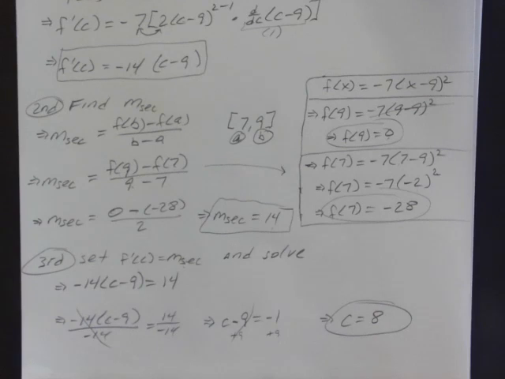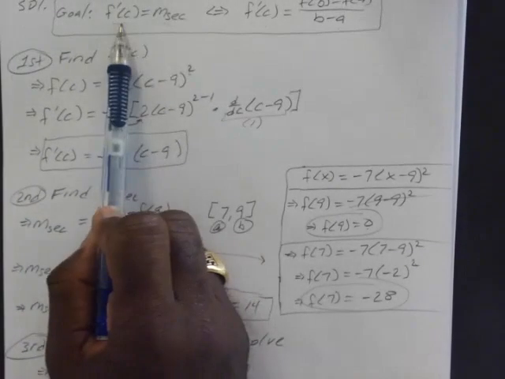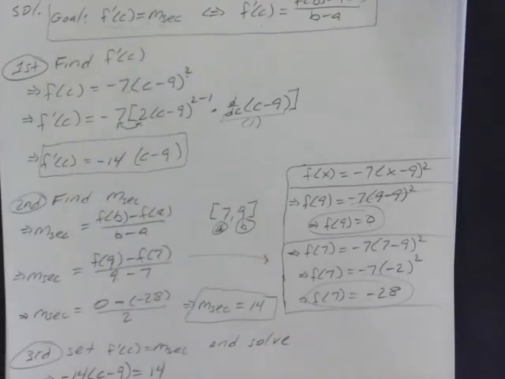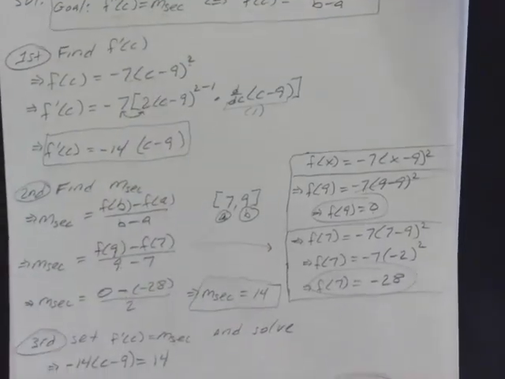Any questions on that one? So again, with this one, all you have to do is solve one side, solve the other, make them equal, you're set. Then solve from that one.